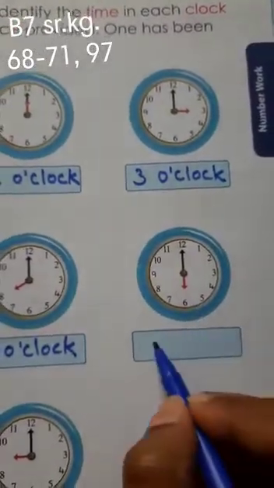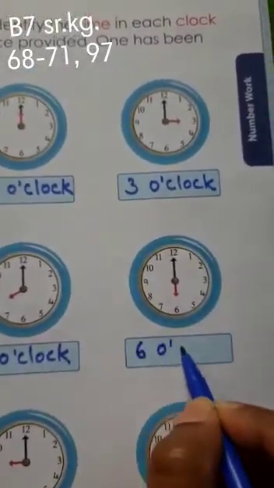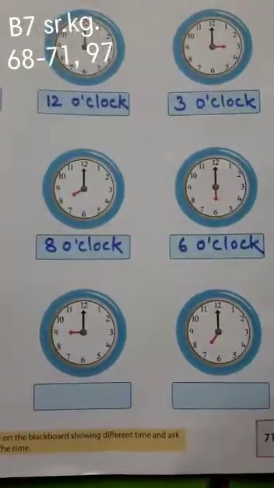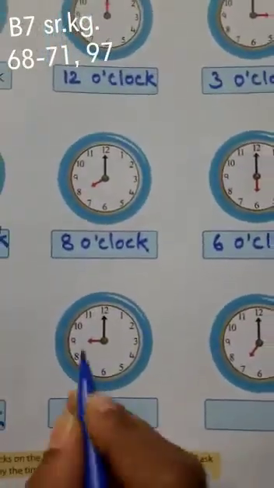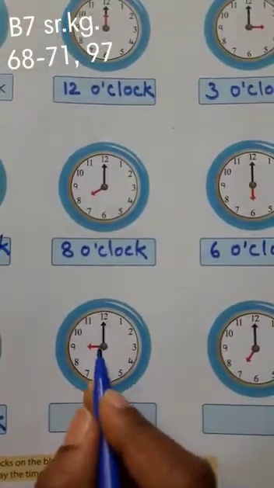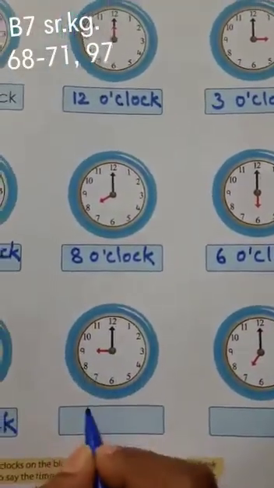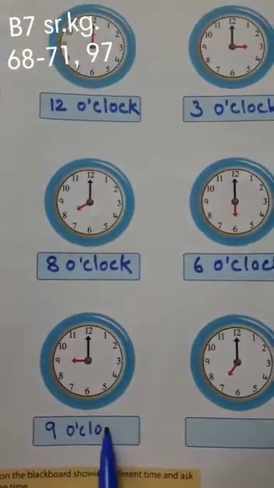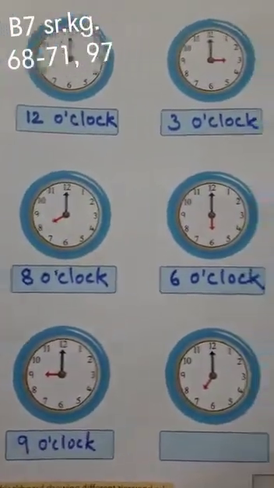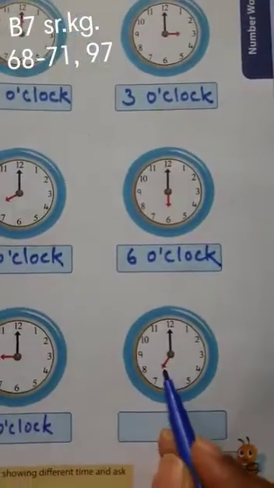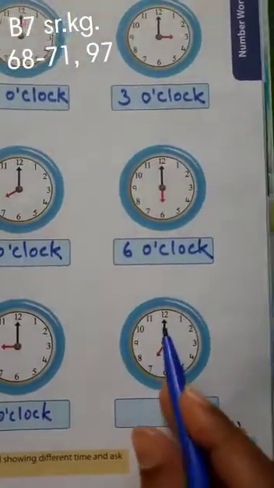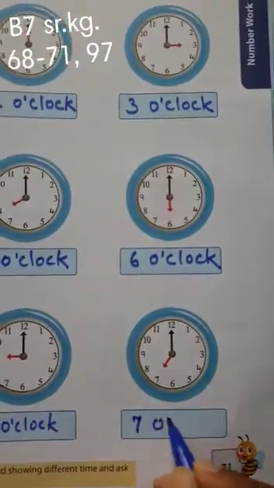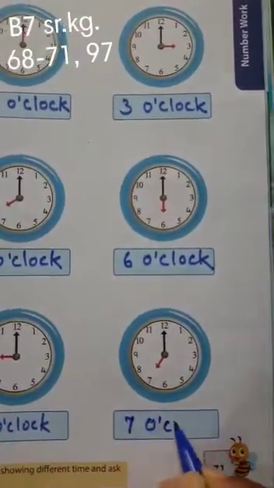Here 6 o'clock. Here long hand at 12, short hand at 9. So 9 o'clock. And here short hand at 7, long hand at 12. So it's 7 o'clock.